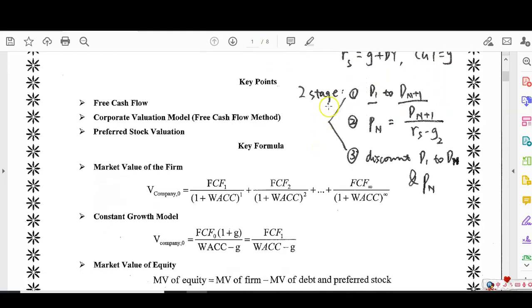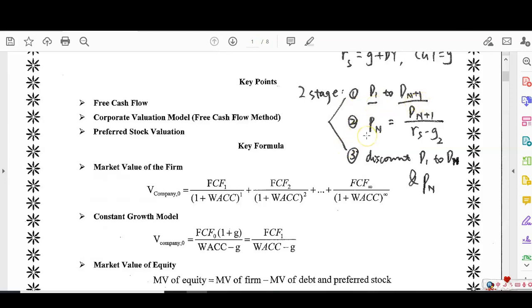In the second stage model, or non-constant growth model, we have g1, the growth rate in the first period. We also have g2, the constant growth rate in the second stage. We use 3 steps to look for P0. Step 1, we calculate D1 to Dn plus 1.